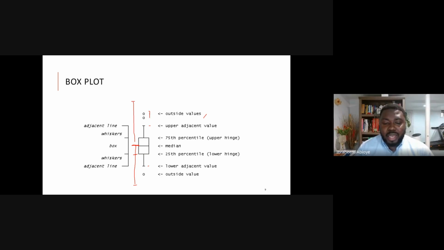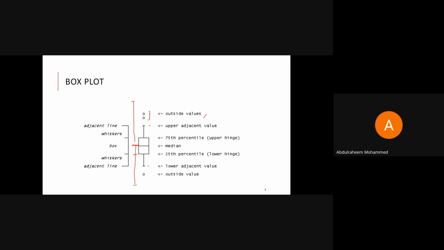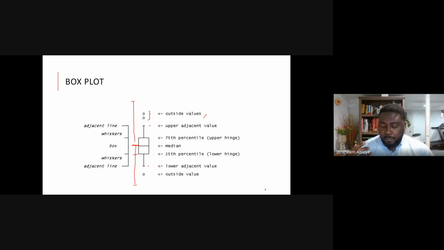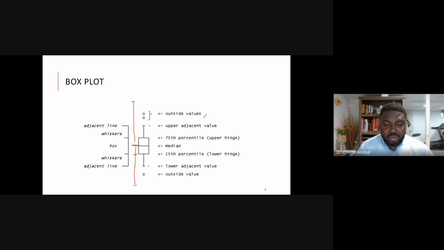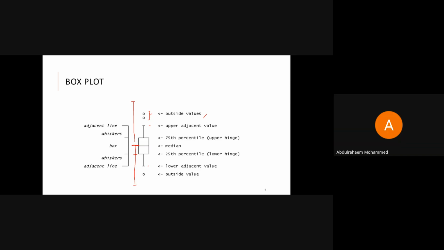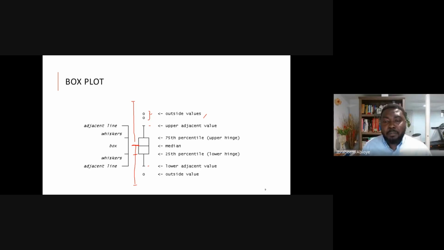In much of clinical medicine and public health, these outside values are most likely going to represent bad things. That's where bad things happen, it's pathology, that's where abnormality is. An abnormality is not necessarily bad per se, but that's one way to think about it.